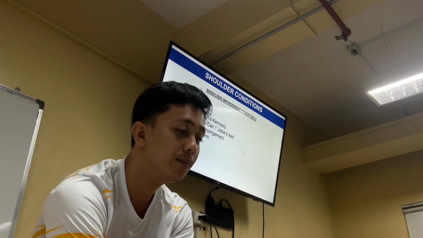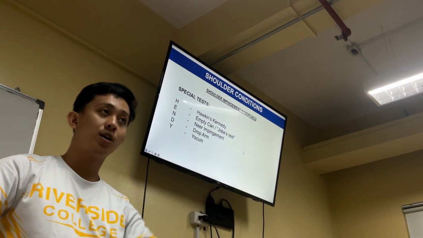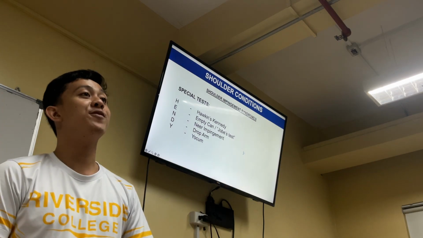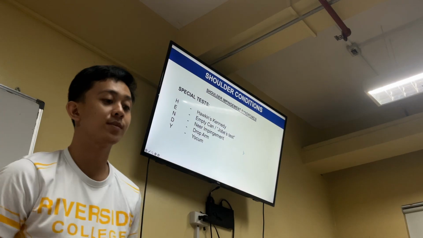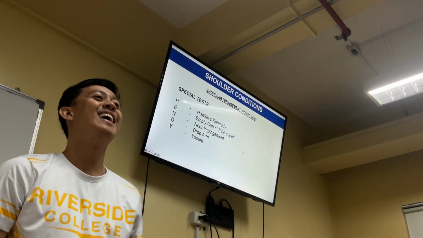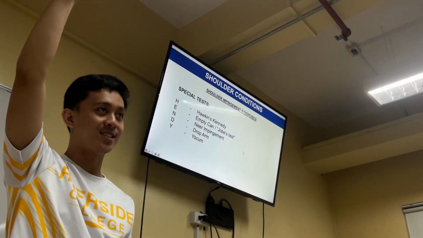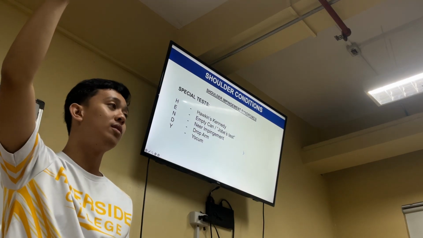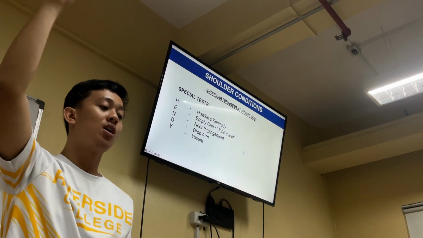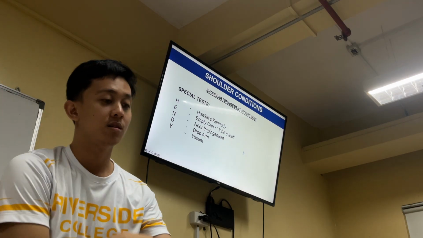Your drop arm, this is for rotator cuff tear. And your Yocum's, this is for supraspinatus tendinitis. Supra. Again, this is the most common affectation of your shoulder impingement.